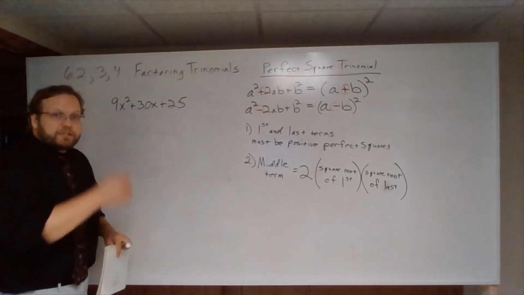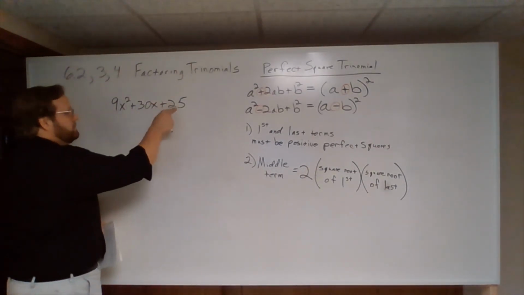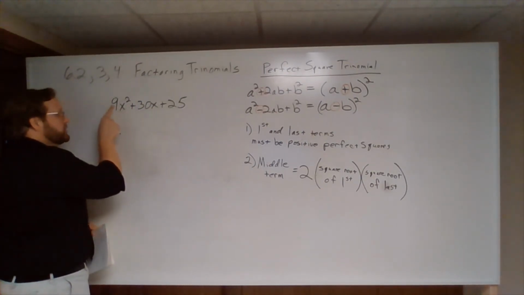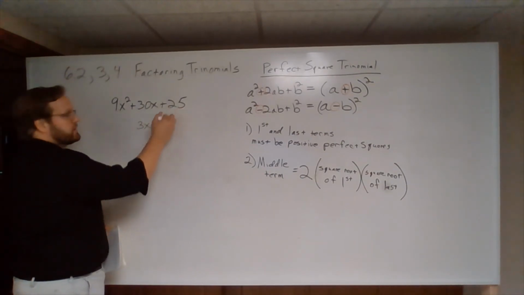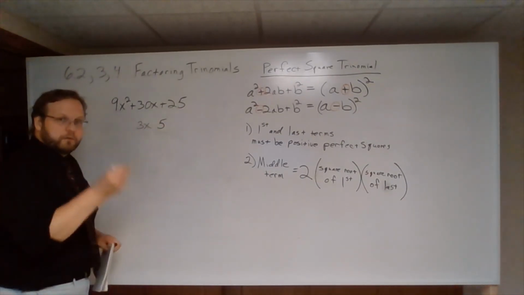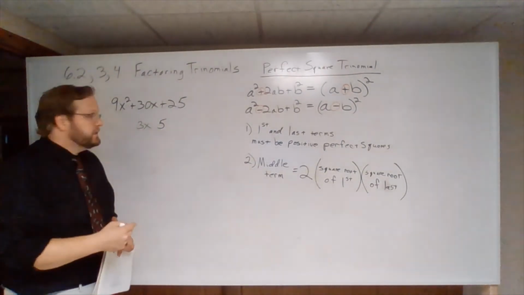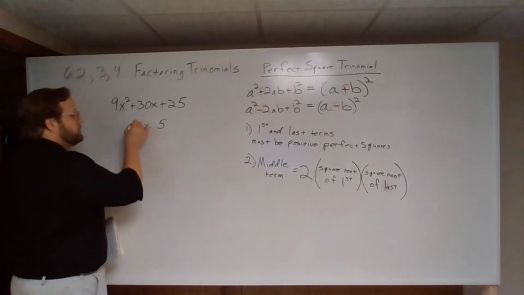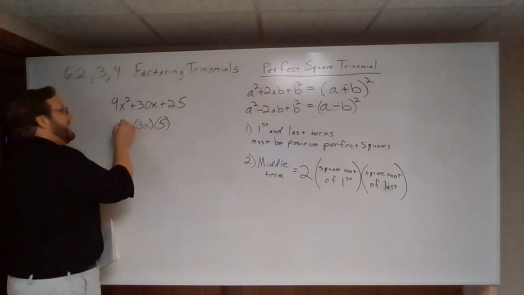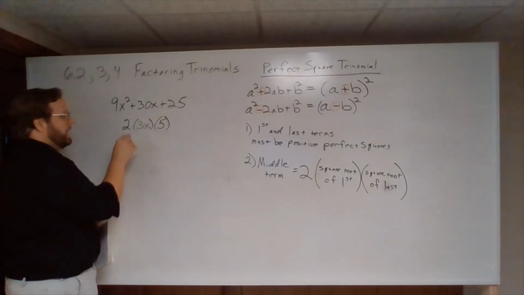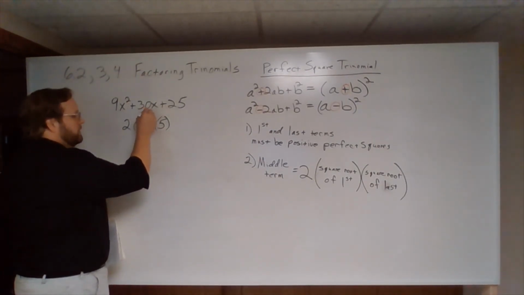If I think that that's a perfect square trinomial, what do I look for first? These have to be perfect squares. Square root of this is 3x. Square root of this is 5. First criteria is met. The second criteria says that if you take these square roots and multiply them and then double it, I get 6x times 5 is 30x.